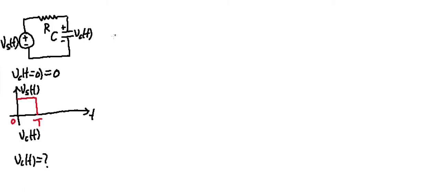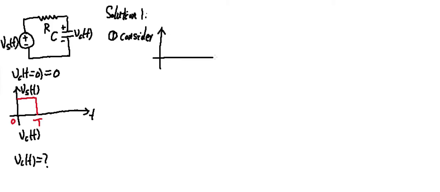Today we would like to give two solutions. Let's first look at solution 1. For this solution, let's first consider what will happen if the input voltage is a step function instead of a finite-width pulse.